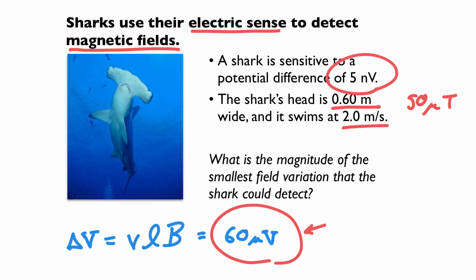This 60 microvolts is larger than that by a factor of about 12,000. What that means is the sharks can detect not just the Earth's magnetic field, but variations in the Earth's magnetic field, and they use that to navigate in the ocean. We'll talk about a specific example of how the sharks do that. Very, very cool.